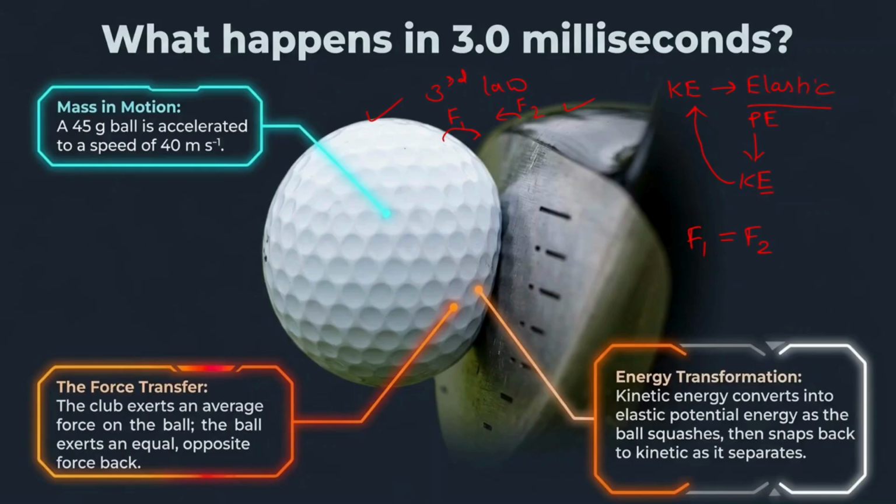And these forces act on two different objects. Here in this example we have one ball and another one is a club. So even though the collision happens extremely quickly, physics is still following very strict laws.